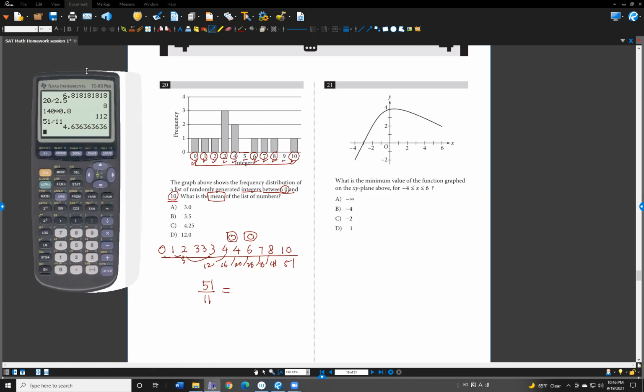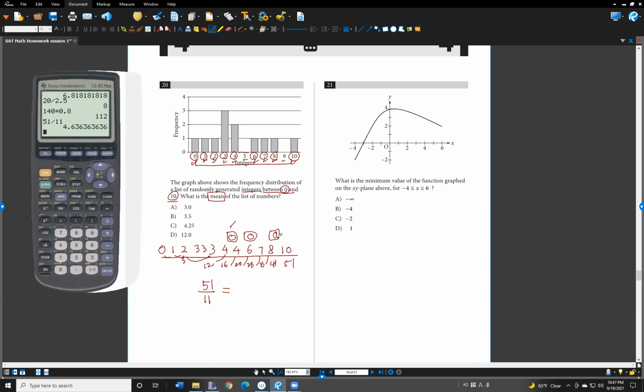Okay, let me check this one more time. This is 0. 1 times 1, 2 times 1 is 2, 3 times 3 is 9, 4 times 2, 5 is 0, 6 is 1, 7 is 1, 8 is 1, 9 also 0, and 10.